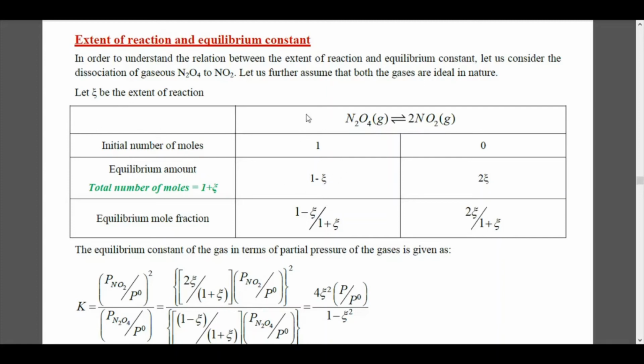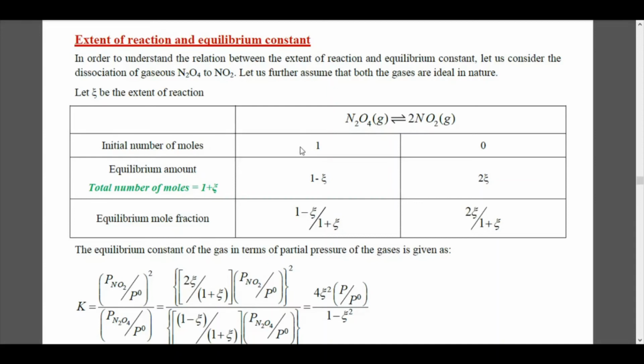So let's consider a simple reaction where N2O4 is converted to 2NO2, and so it is a gaseous state reaction, and let's assume that the gases are in ideal state. So we'll take a simple case, means initial number of moles of N2O4 is 1 mole. We'll consider the simplest case.